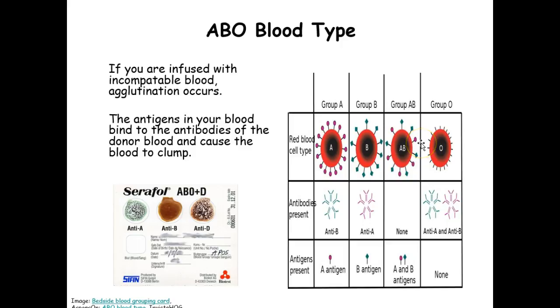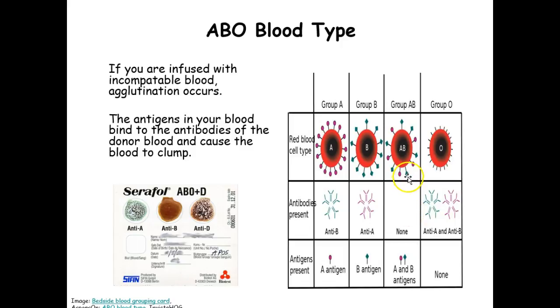Let me rephrase this. If you give AB, A, is there going to be a problem? No, because there's no antibodies. With B, is there going to be a problem? Again, no, because there's no antibodies. If this produced an antibody A and an antibody B, would there be a problem?